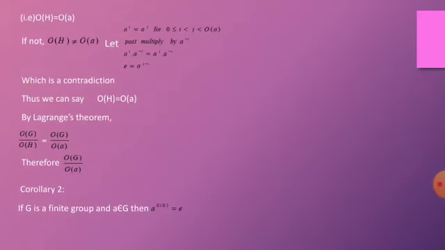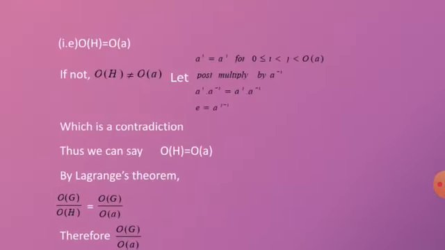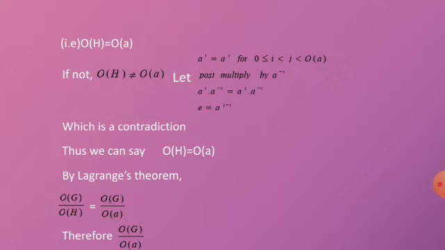We have to prove this. If this is not true, the order of H is not equal to the order of a. Let a^i equal a^j for 0 <= i < j < order of a.